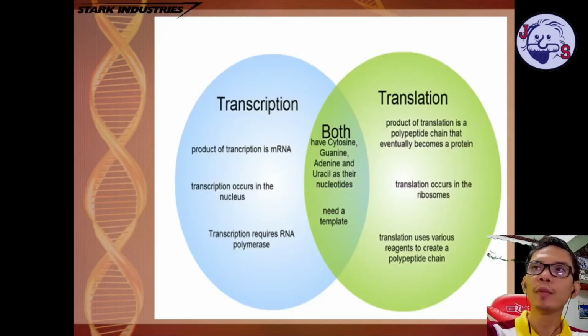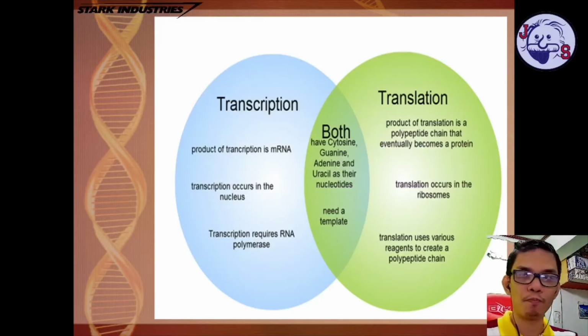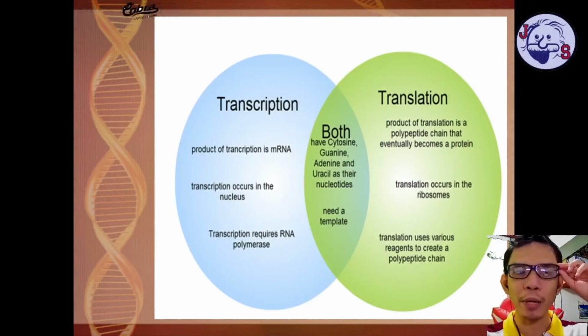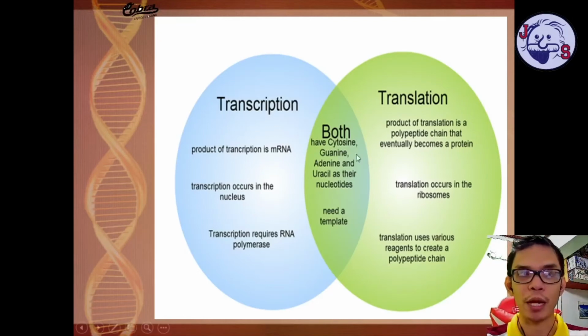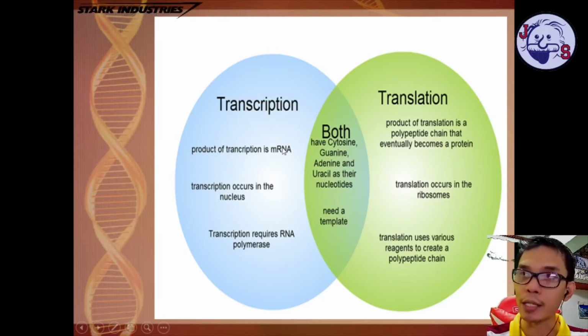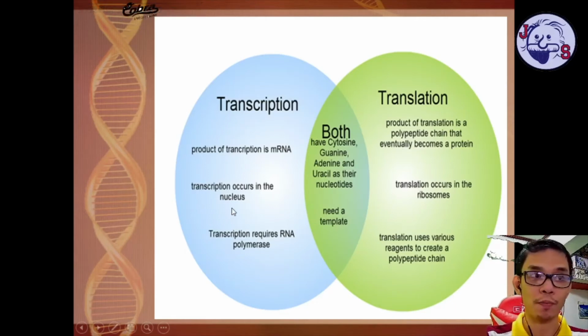Alright, so to summarize the process between transcription and translation, I made a Venn diagram for you to understand their differences and similarities. The difference that you have right here is that the product of transcription is mRNA, whereas in translation the product is protein. Transcription occurs in the nucleus.